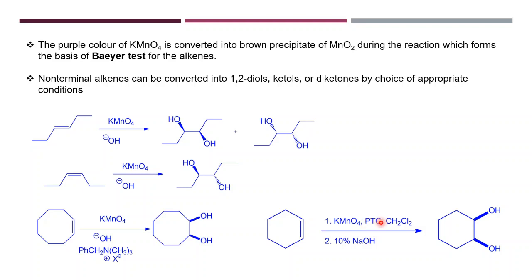PTC means phase transfer catalyst. If you're using a cyclohexene, again a meso compound is formed. So there is the plane of symmetry.